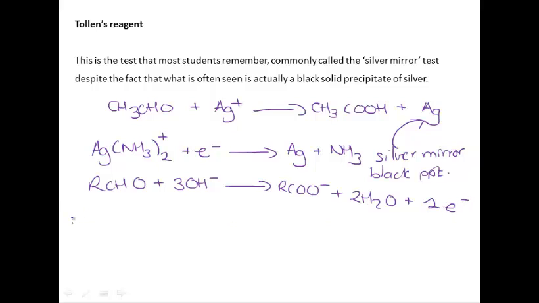Overall, we're going to need to balance up these electrons. We've got 1 electron here and 2 electrons there, so we're going to have to do 2 times this whole equation, leading us to this.